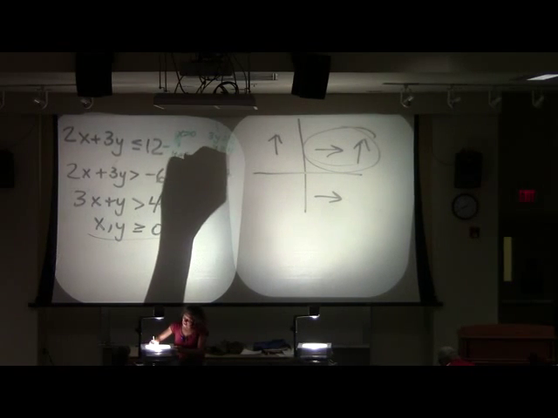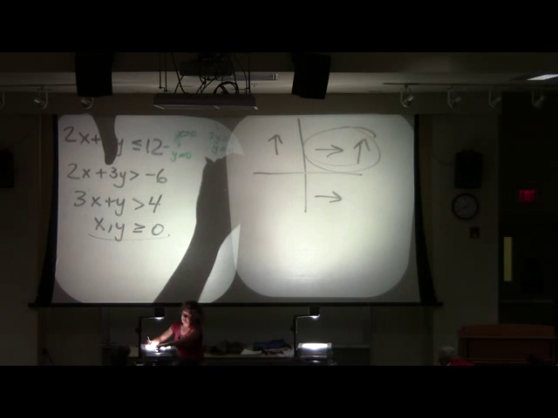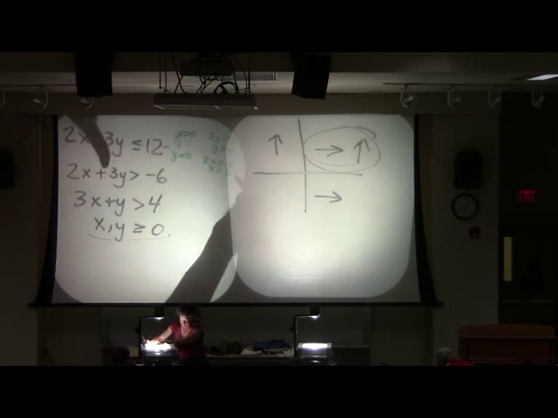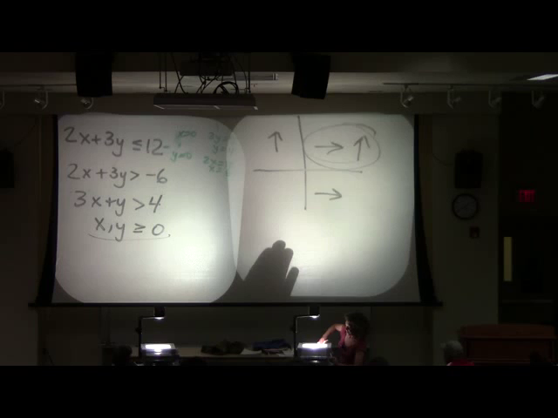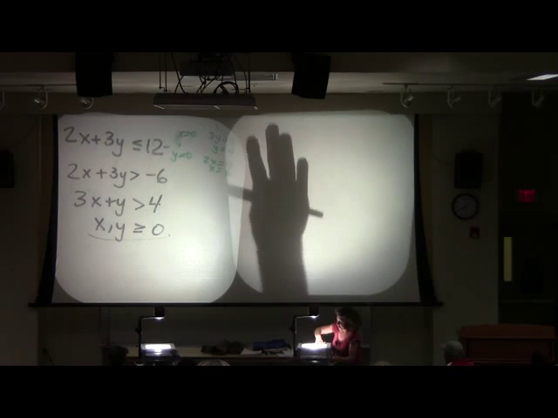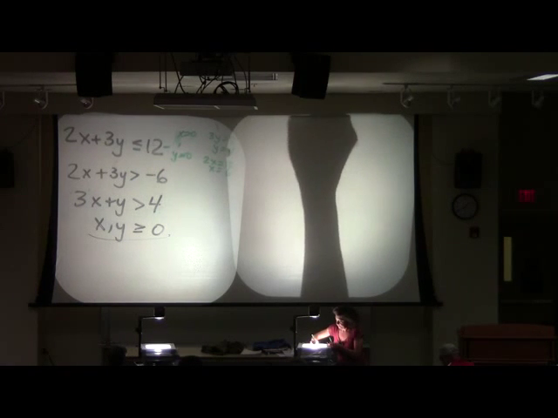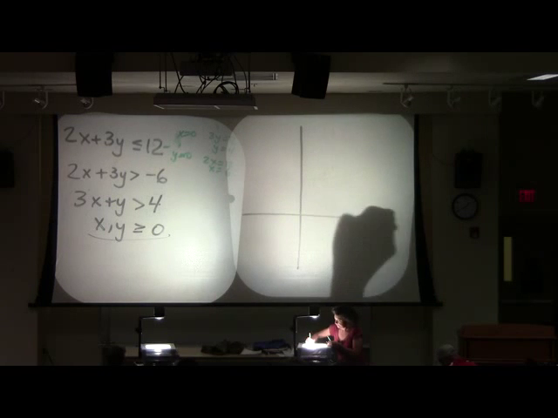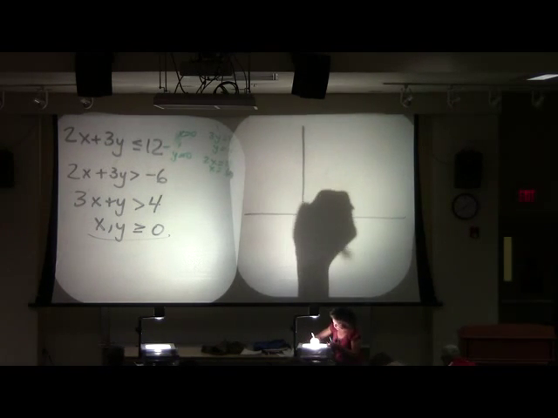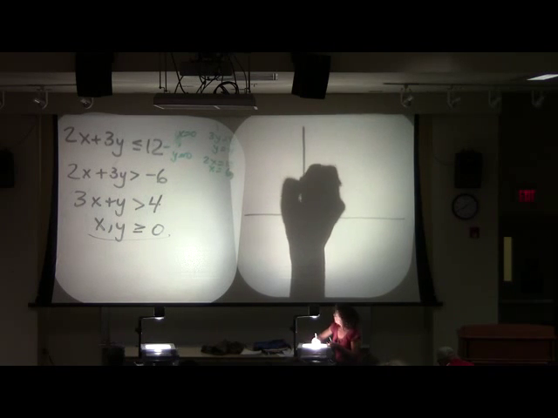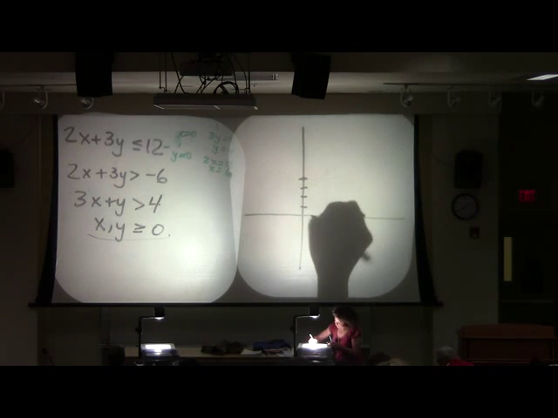If I set y equal to 0, what am I solving? 2x equals 12, so what is x equal to? 6. All right, so let's get this line going. x is 0, y is 4; y is 0, x is 6.